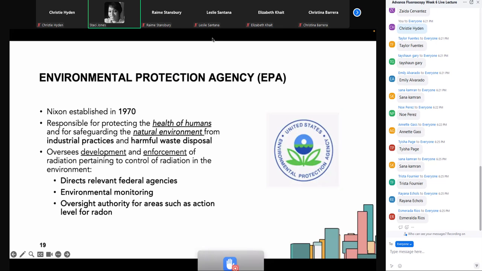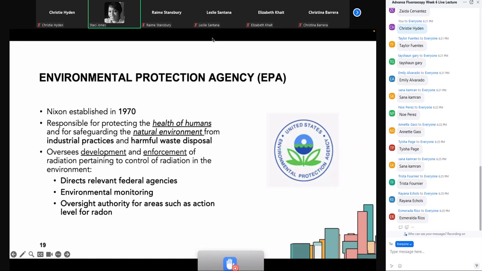So next is the EPA, Environmental Protection Agency. They've been in the news lately, had some layoffs in that agency, but that agency helps with the radiation side of things. President Nixon established this agency in 1970, and they are responsible for protecting the health of humans and for safeguarding the natural environment from industrial practices and harmful waste disposal.